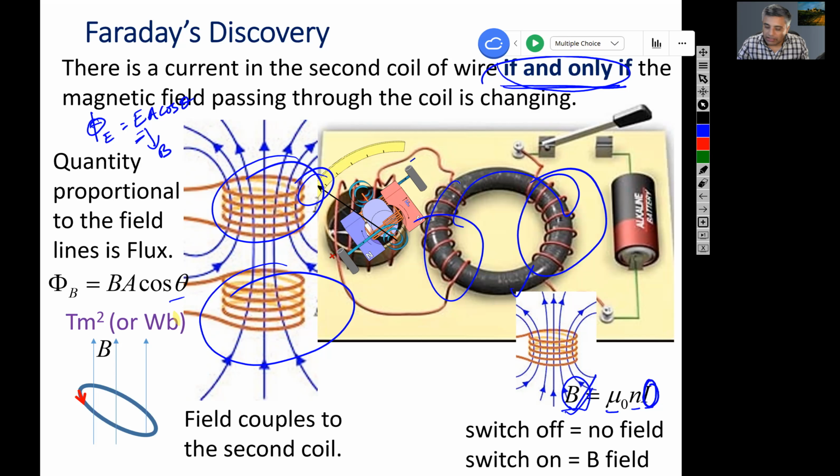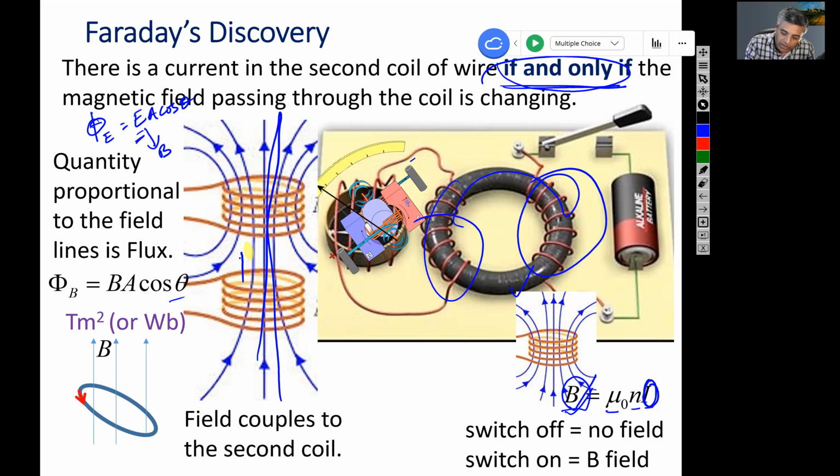So for example, here, see the field is going like this, and the plane of the coil is 90 degrees. But remember, this angle is measured with the normal. So this is the normal here, and we measure the magnetic field with this. They are in the same direction, meaning theta there is 0 degrees. So plane versus normal: you may be given one angle or the other angle.